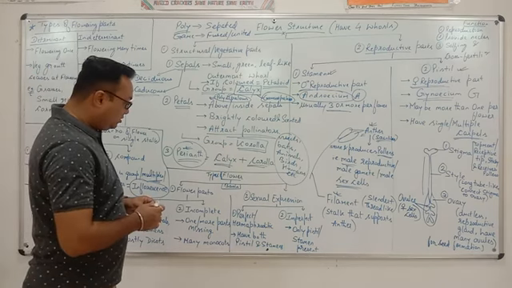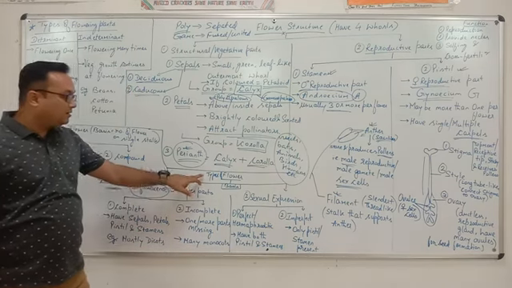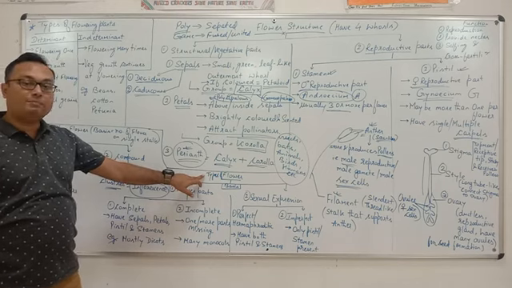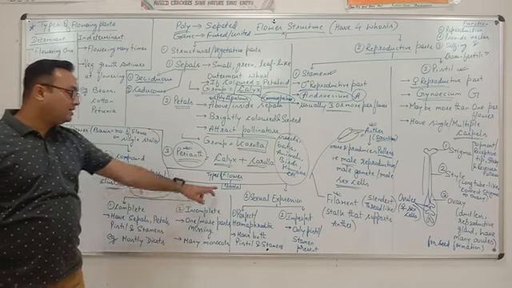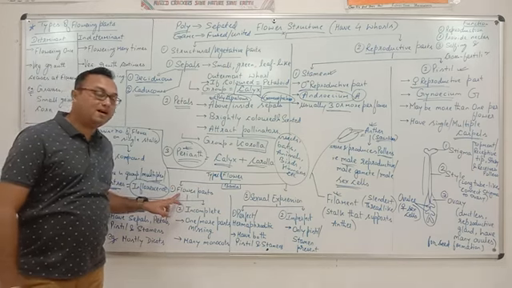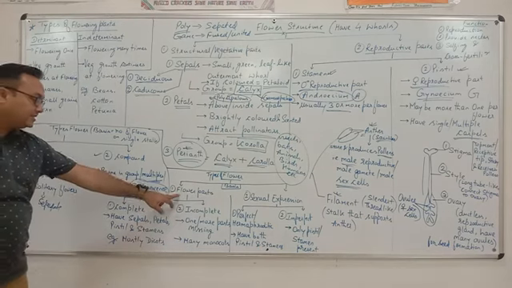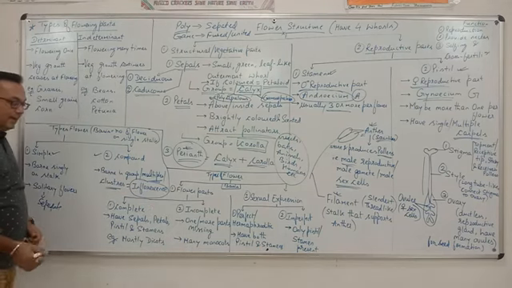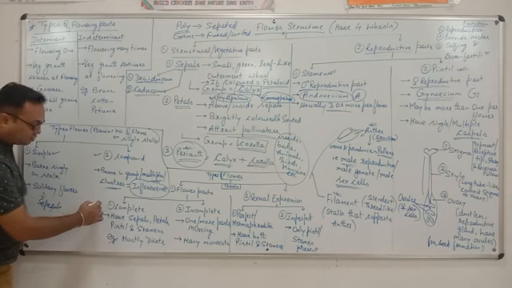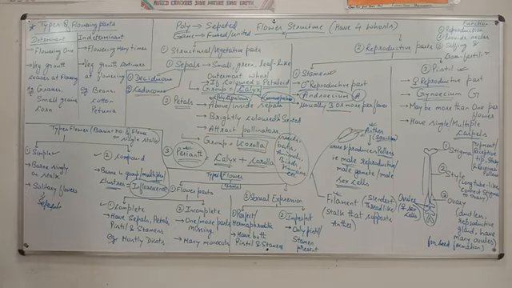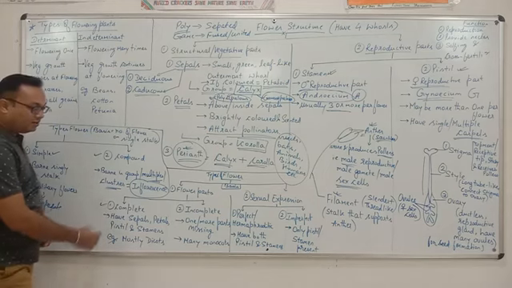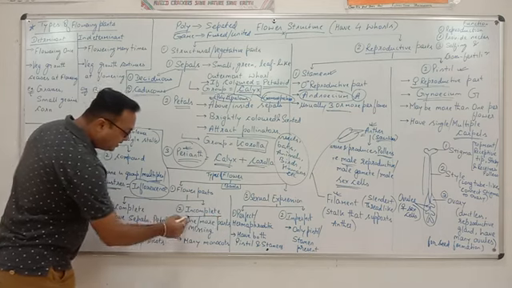So, moving further, we will discuss the types of flowers on the basis of flower parts. On this basis, the types of flower are of two types. First is complete flower, another one is incomplete flower.